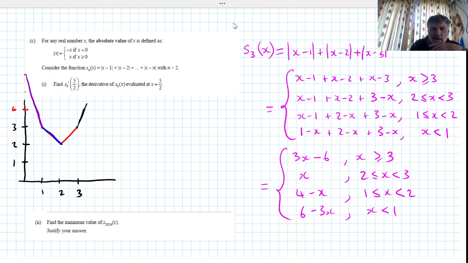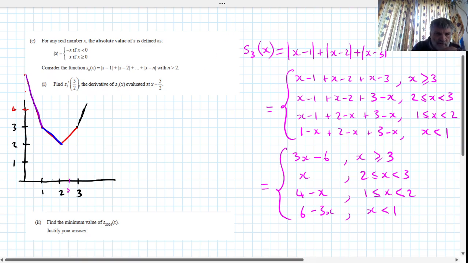The question asks us what's the derivative at 5 over 2, so this is 5 over 2, 2.5, what's the derivative here? And you can see from the picture that the derivative at 5 over 2 is going to be 1, the slope. We could differentiate these.